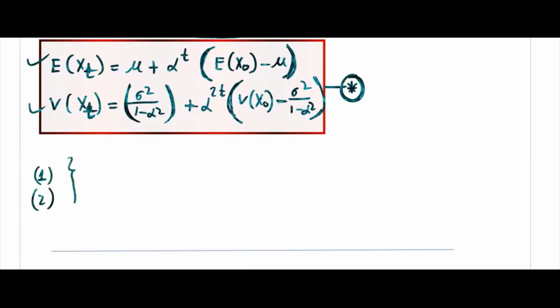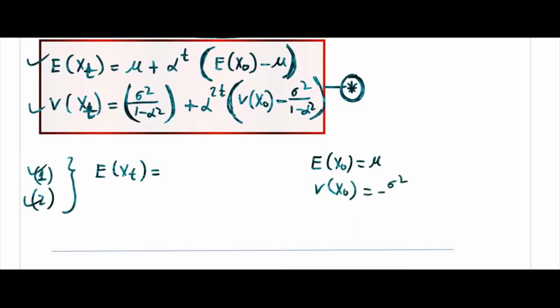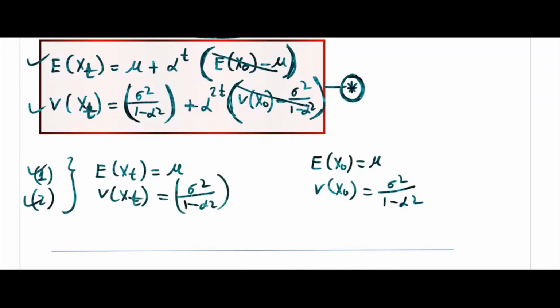At least to satisfy 1 and 2, what should happen? Property 1, expectation of xt should be constant. So if you take this, expectation of x0 is mu. Sometimes you see the notation mu naught for this, and variance of x0 is equal to sigma square divided by 1 minus alpha square. Then this will be 0, this will be 0, and then expectation of xt will be mu, and variance of xt is equal to sigma square divided by 1 minus alpha square.